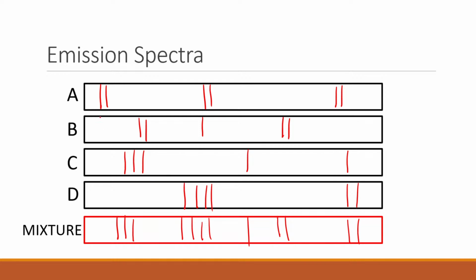If I want to claim that an element is in the mixture, all of the lines need to be there. So let's start with A and A's first two lines. These first two lines of A do not show up in the mixture. So A is not part of it. All right, this line is not there. Actually, I'm going to change color for this.